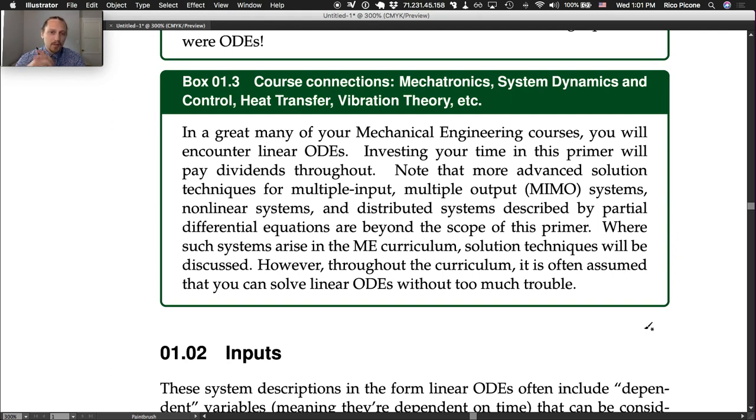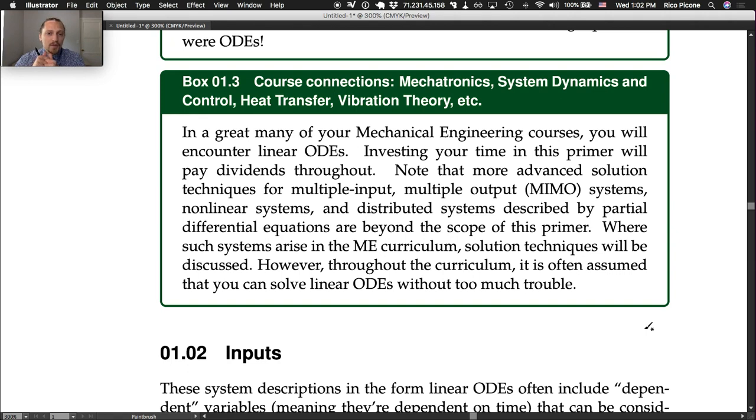Investing your time in this primer will pay dividends throughout. Note that more advanced solution techniques for multiple input, multiple output systems, nonlinear systems, and distributed systems described by partial differential equations are beyond the scope of this primer. So we're not going to deal with everything, but what we are dealing with is pretty ubiquitous.